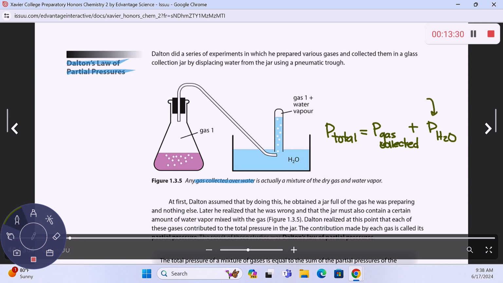So this right here is the vapor pressure of water, and you would obtain this value from the table that we earmarked on a previous page. And they will tell you the temperature that you're at so that you know what value to put here. Okay, so you might be collecting hydrogen gas or helium gas, and that would be the gas that you're collecting over water, and you're generally solving for this variable, okay?